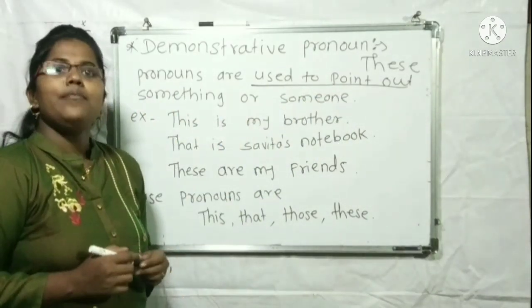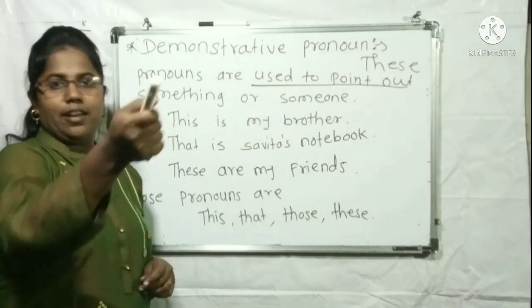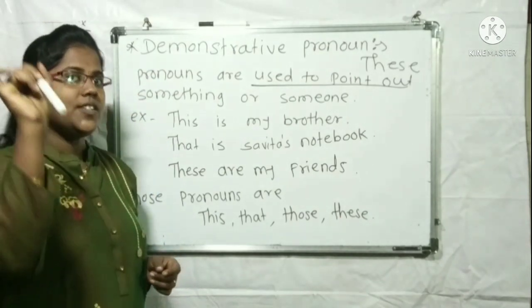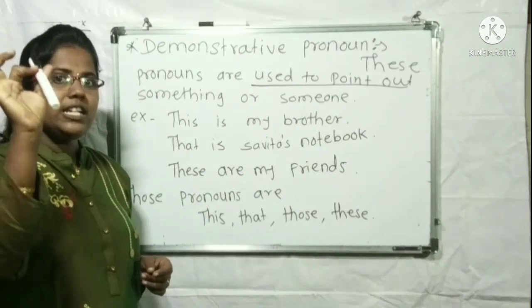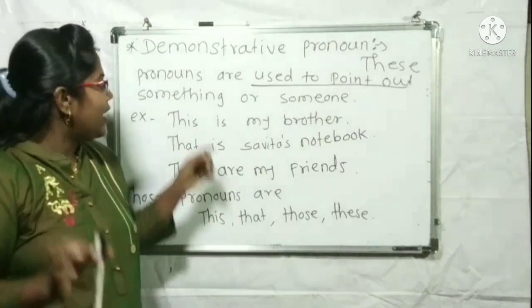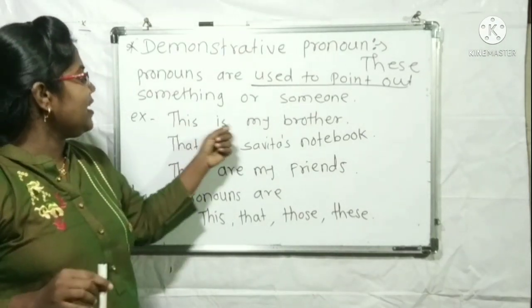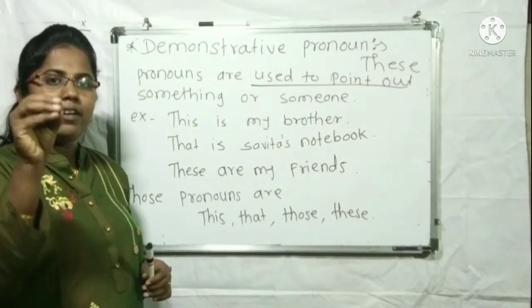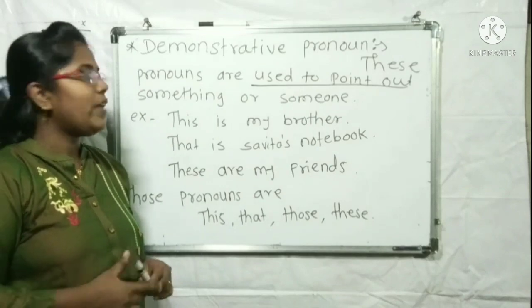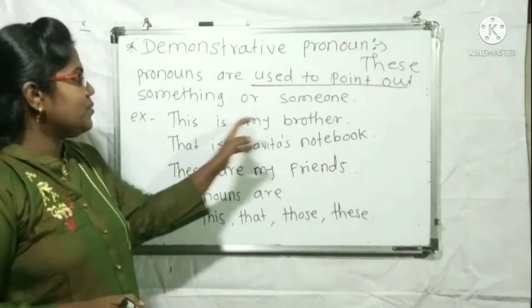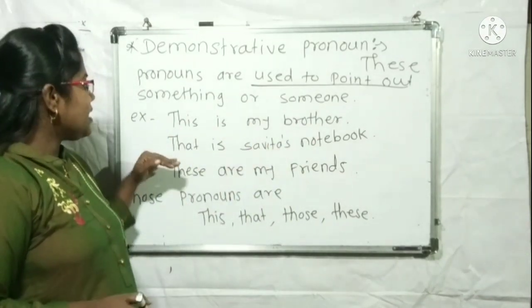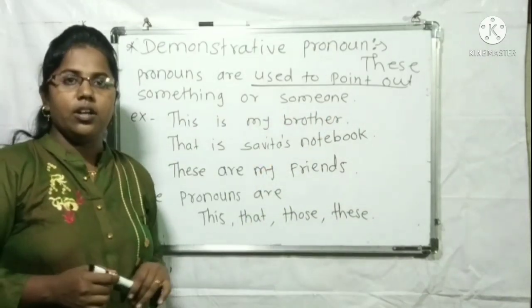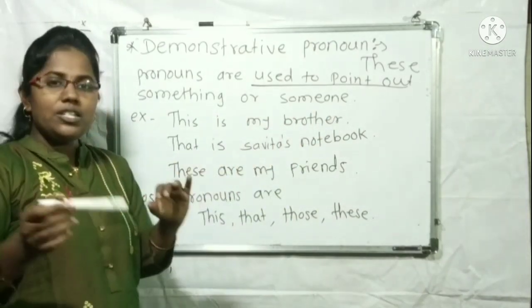For example, I am here and the pen is there in front of me, and I say, this is my pen, meaning I am pointing out this pen. Here is also the same example: this is my brother, who is very close to me, very near to me, and that's why I am using this. Next example I have taken is, that is Savita's notebook. That notebook is not near to me.